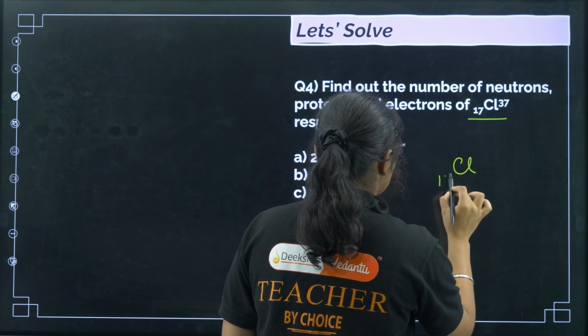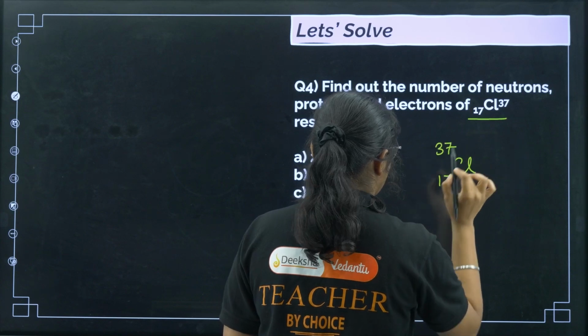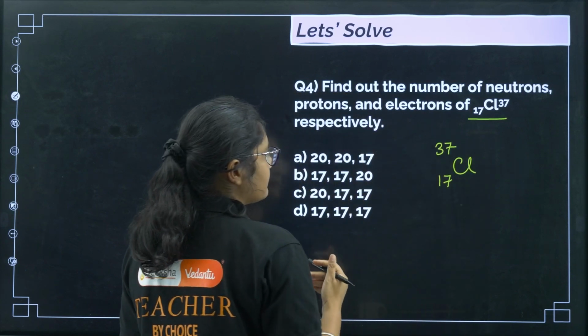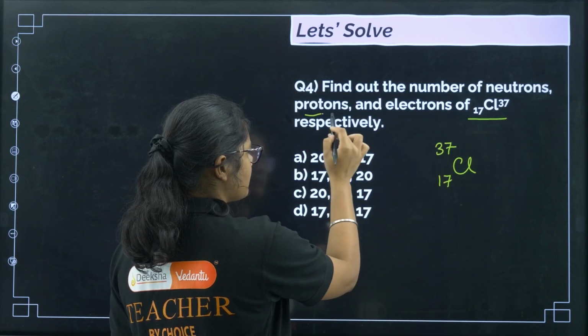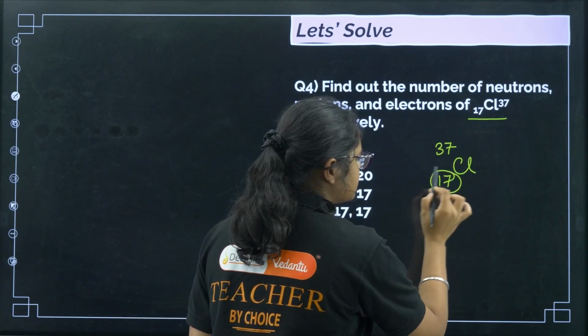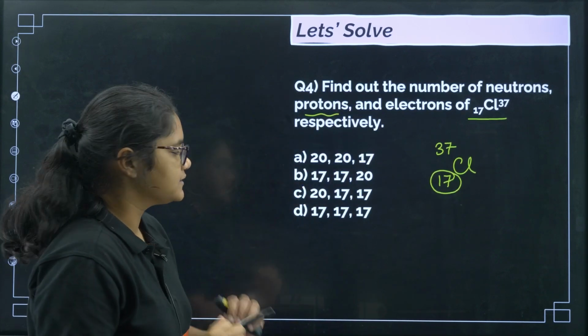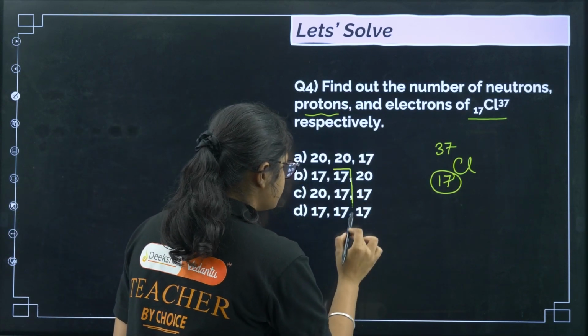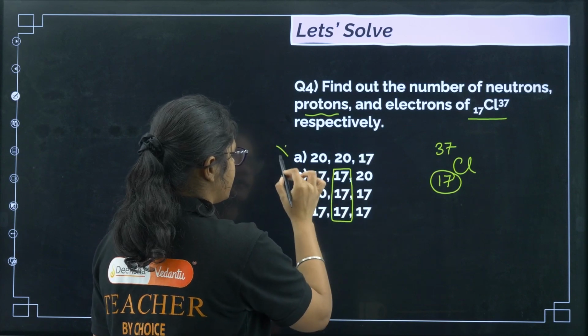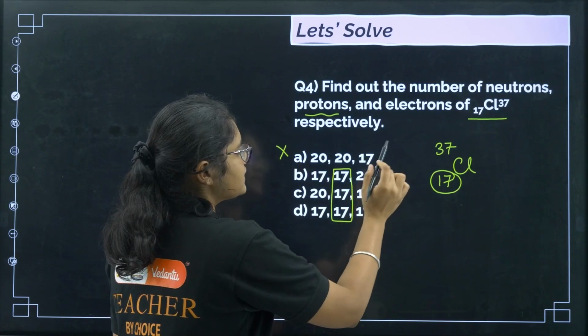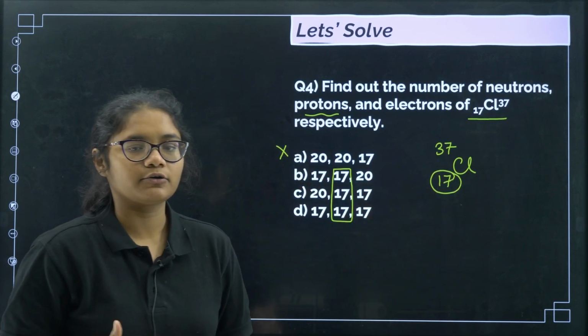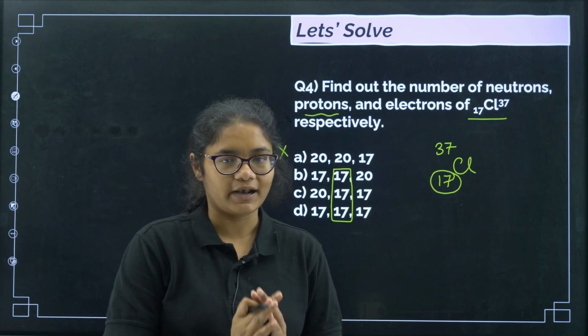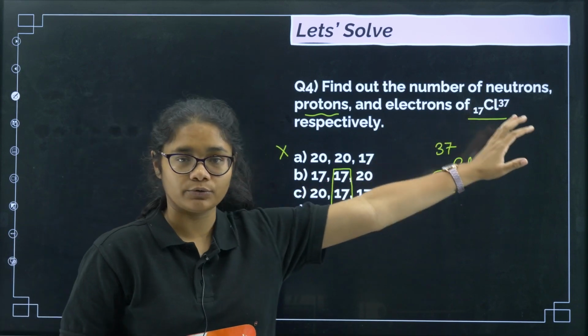Next, find out the number of neutrons, protons and electrons in this particular compound, that is chlorine 17 and 37. Okay, what is the number of protons? We can easily find out. This is the number of protons, that is 17, right? So you can see all these options are having 17, so we can eliminate this option. Next, the number of protons and number of electrons is always equal in a neutral atom, right? So you can see that this is a neutral atom.